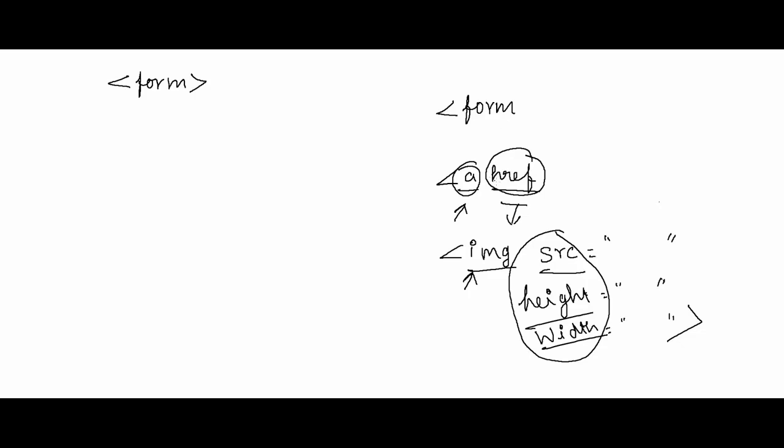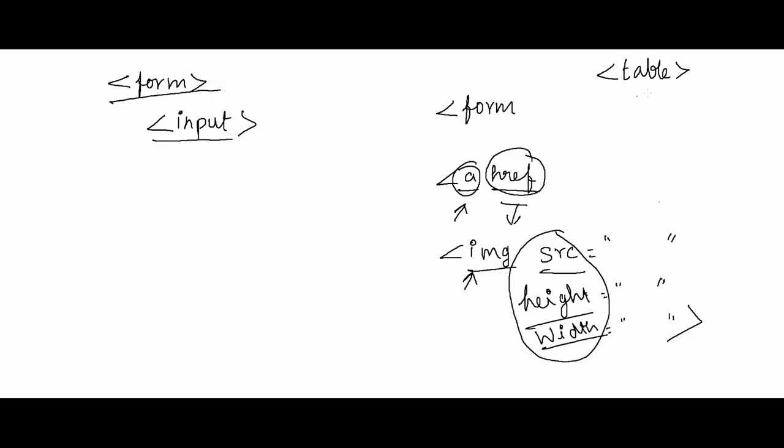Form and its elements. What is it? Form is the main tag. What are the things I am going to give inside? I am going to give input. This means these are form elements. In a previous example, we have seen table.